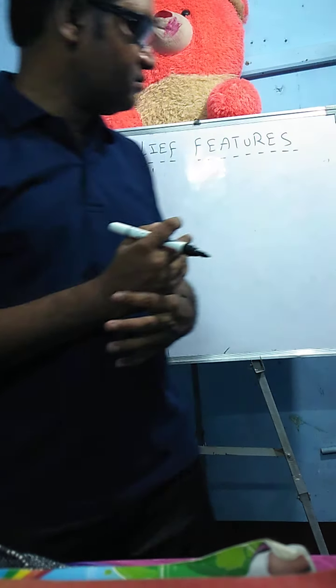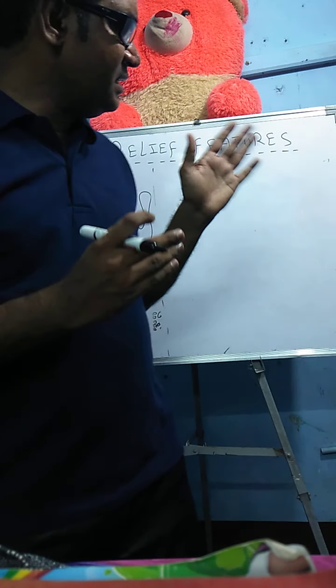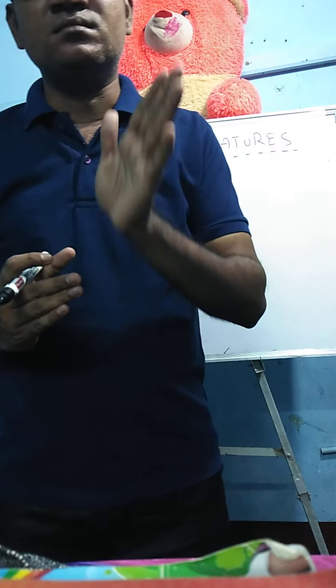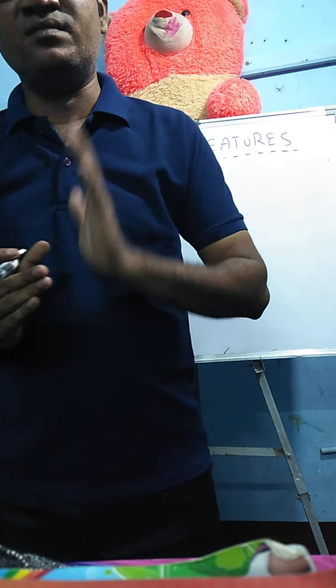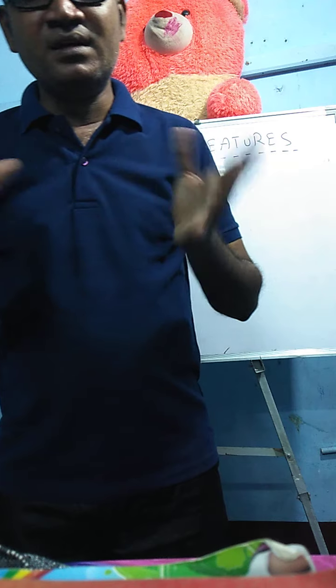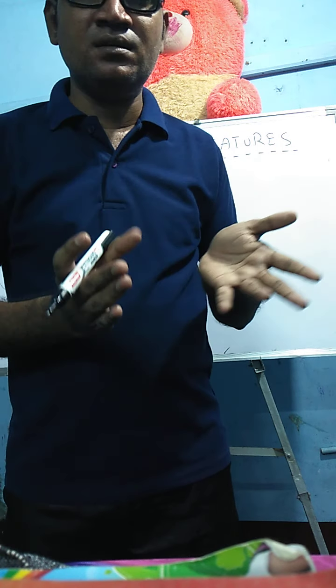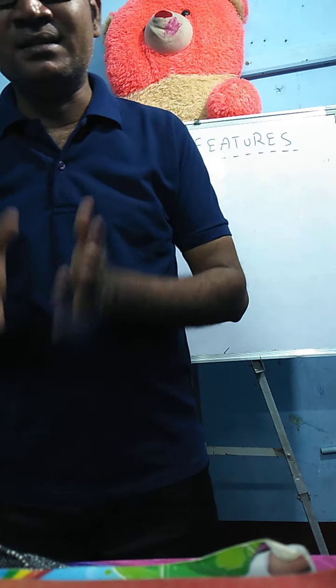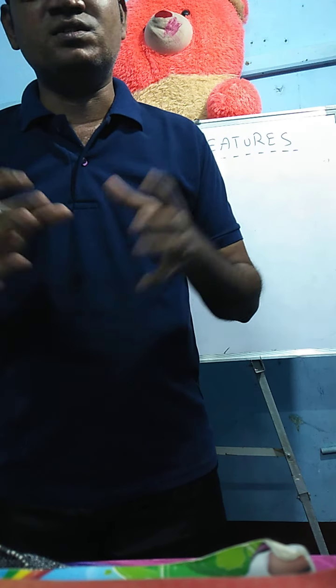In this first lesson, this chapter is only talking about the Indian relief features and some world relief features. The Andhra Pradesh relief features you already learnt in 6th, 7th, 8th, 9th classes. Here the full-fledged information on Andhra Pradesh is not given.